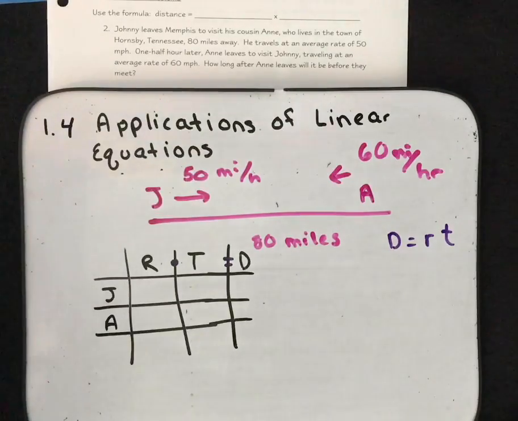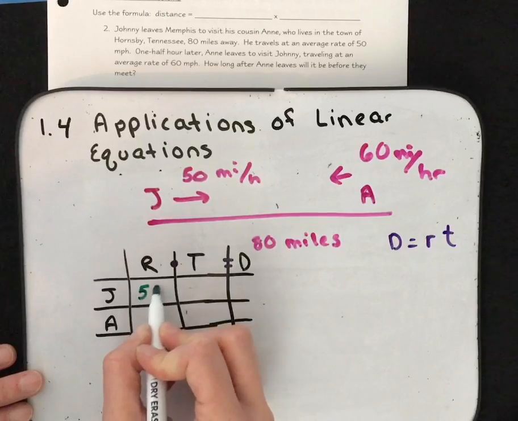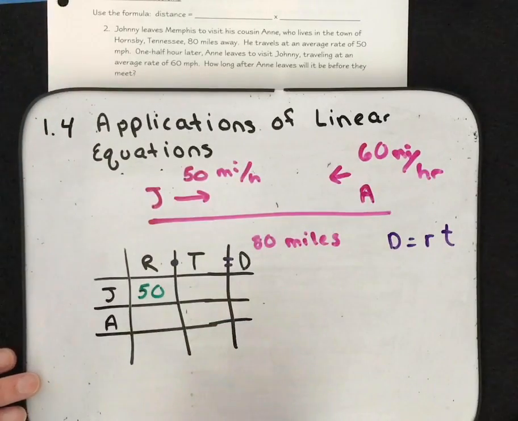Let's read the question again. Johnny leaves Memphis to visit his cousin Ann, who lives in the town of Hornsby, Tennessee. None of that is important, but the part that is important is the 80 miles away. He travels at an average rate of 50 miles per hour, so his rate is 50. 1/2 hour later. Well, do we know how long Johnny was traveling?